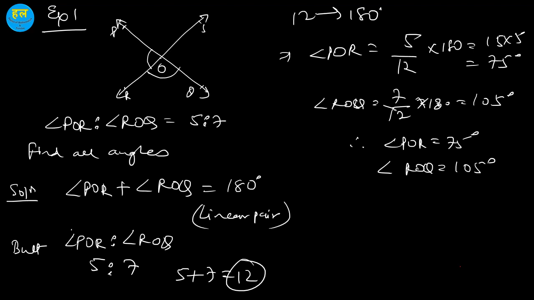Okay. Since these lines intersect each other, therefore their vertically opposite angles are equal.